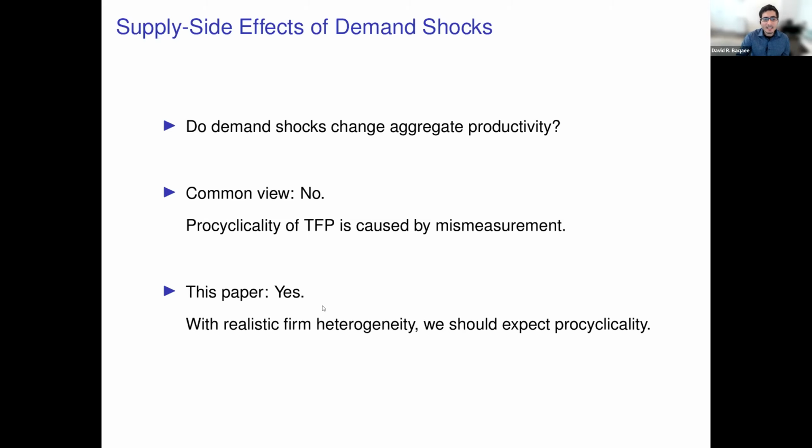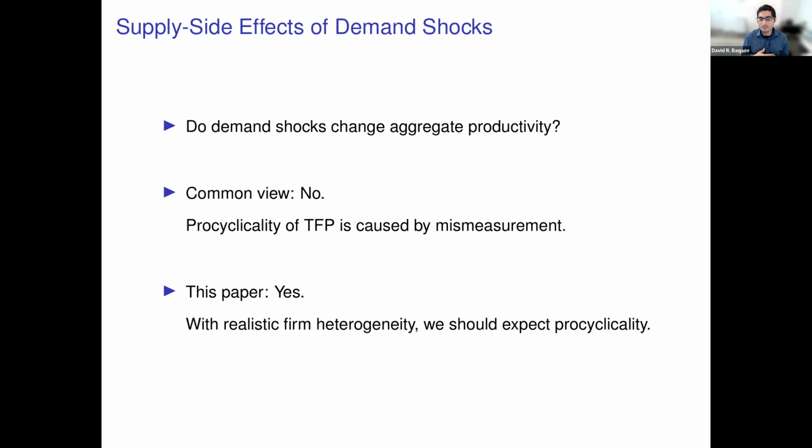The classic resolution for this empirical paradox is to say, well, we don't know how to measure aggregate productivity correctly. Somehow we are screwing it up when we try to measure it.